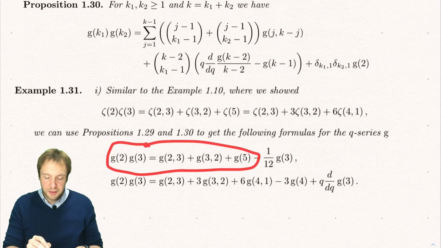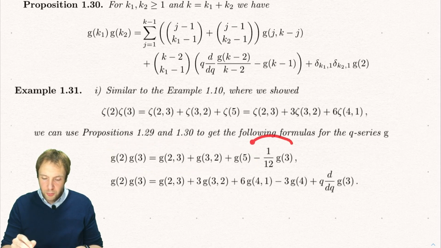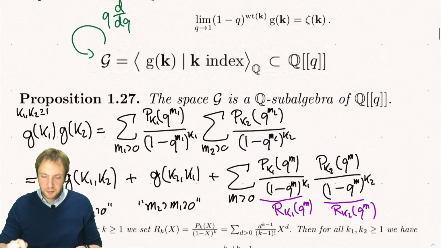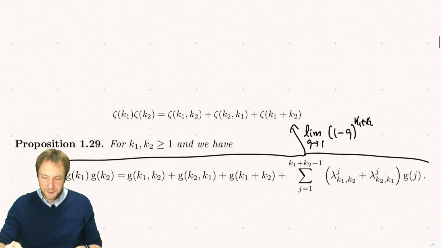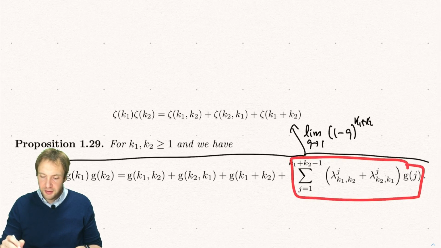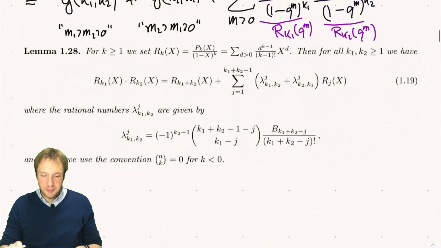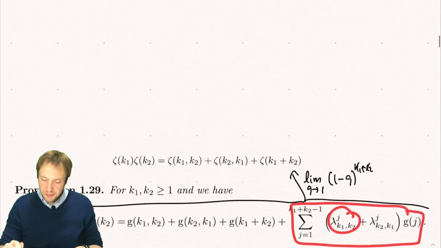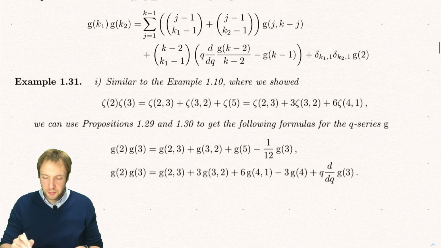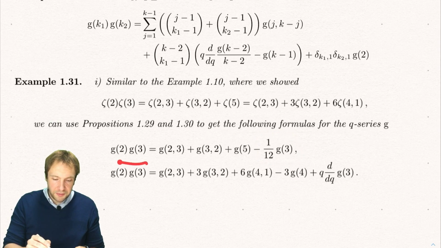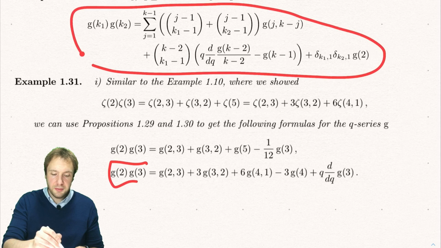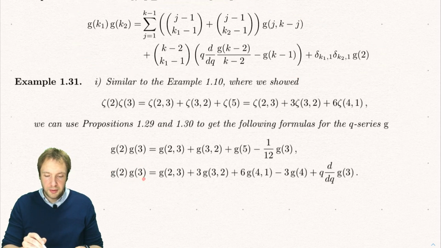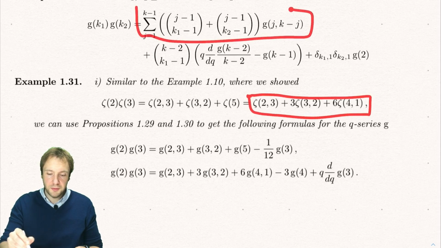So here's this stuffle product, where we have this extra term coming from here. Remember, the lambdas are basically just some binomial coefficients and Bernoulli numbers. So we get this in this case, and the shuffle product formula, this part here, in the case 2 and 3, gives the same as the shuffle product of multi-zetas. So this is this part here.